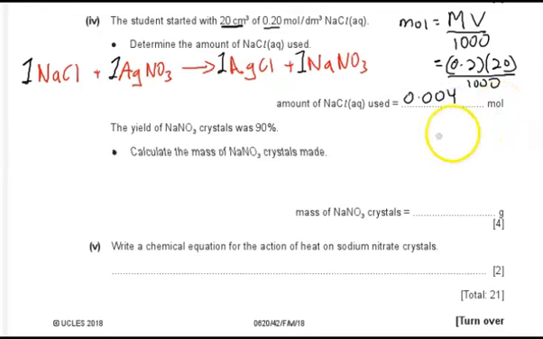0.004 mole. Okay, yield of sodium nitrate crystal was 90%. Now to calculate the others. So everything here we will have 0.004 mole, because I follow this number here.